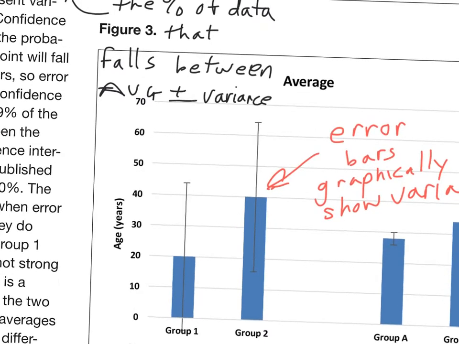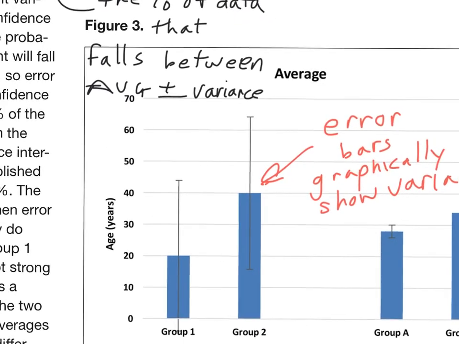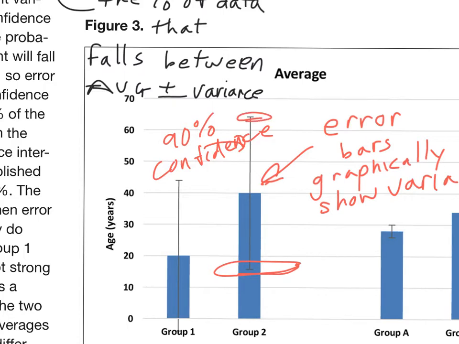In other words, if we said that this error bar right here was measured at a 90% confidence interval, or is measured with 90% confidence, that means that 90% of the data collected would have a value somewhere between, it looks like, 15 and 65.